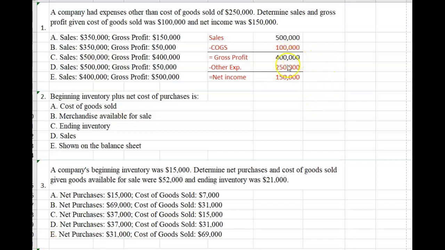And I can check the work by saying 400,000 minus 250,000 should equal 150,000, and it does. Work backwards again to get $500,000 worth of sales. 500,000 minus 100,000 of cost of goods sold equals 400,000 of gross profit. So the answer is 500,000 of sales and 400,000 of gross profit. C.